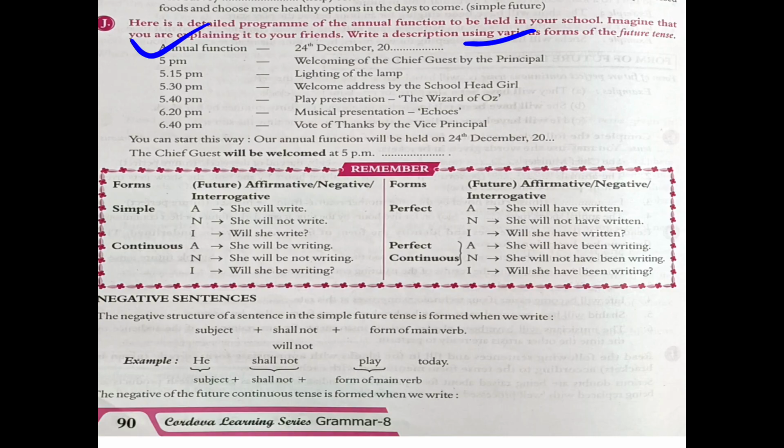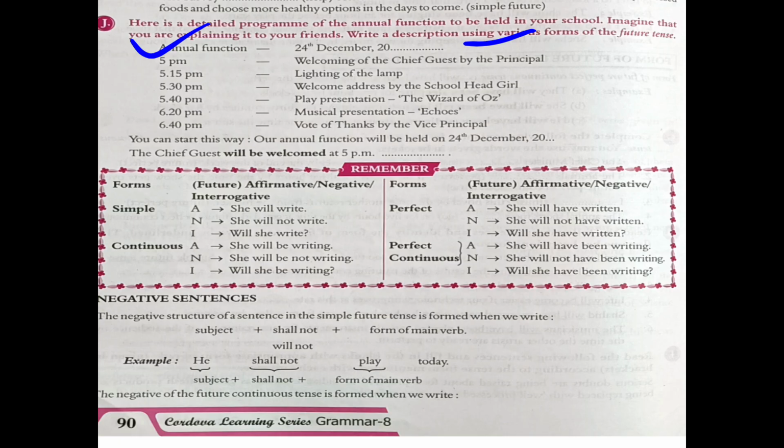Let me show you. So you can start like, our annual function will be held on 24th December. The chief guest will be welcomed at 5 p.m. So who is the chief guest? You can write any name. And the lighting of the lamp program is scheduled at 5:15.